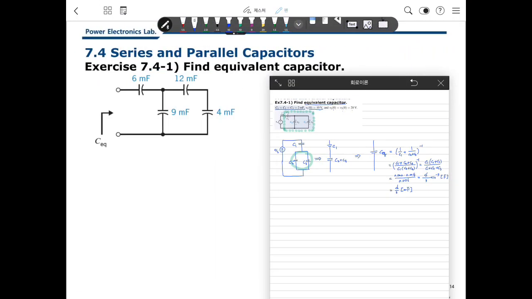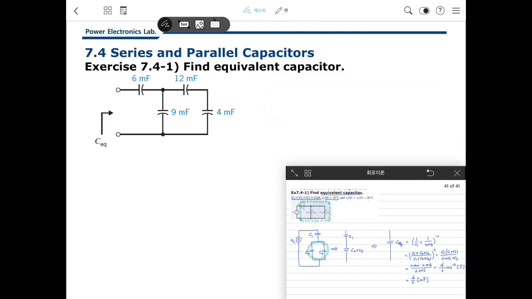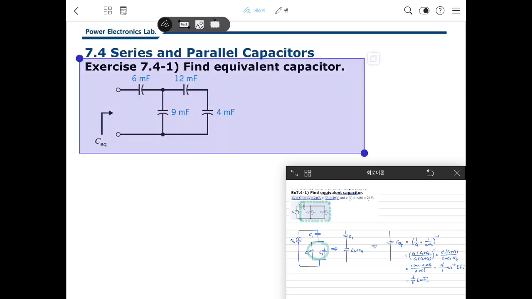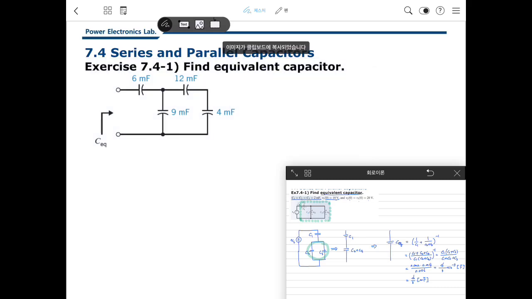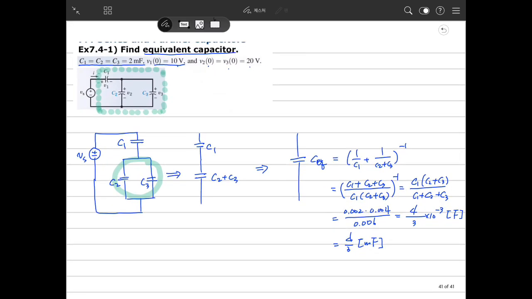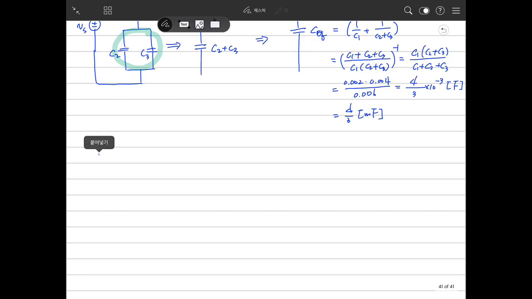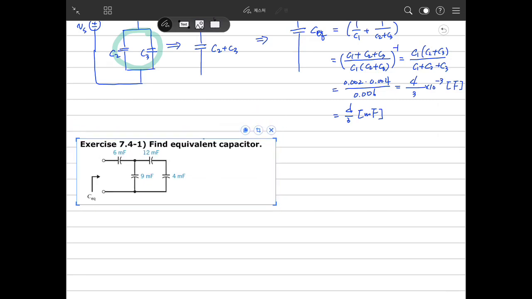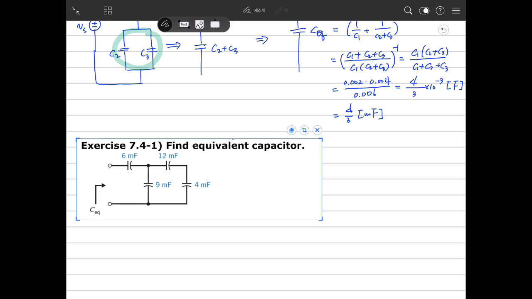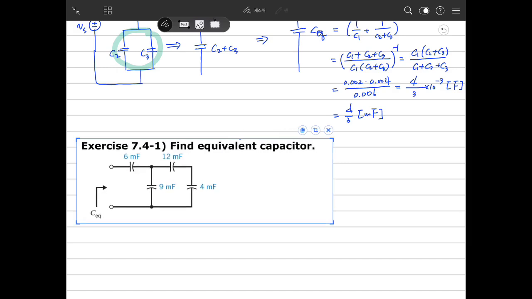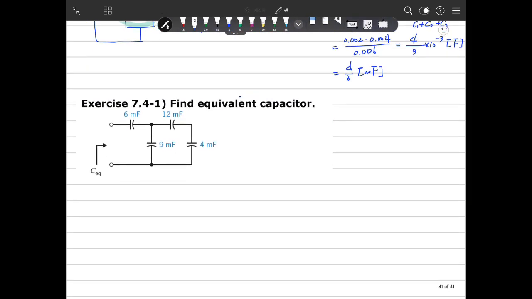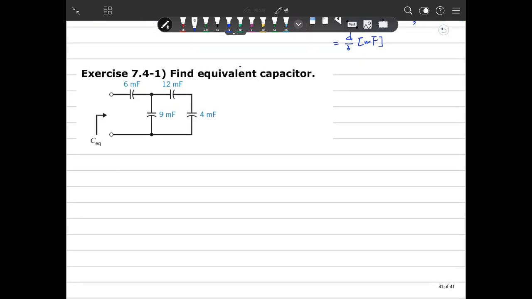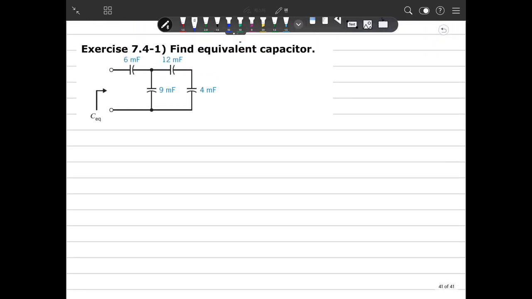Next is the exercise or problem. We need to find the equivalent capacitor here. It's a very simple way.